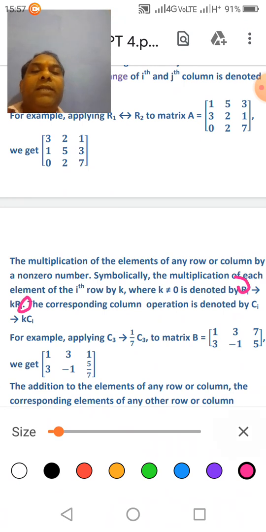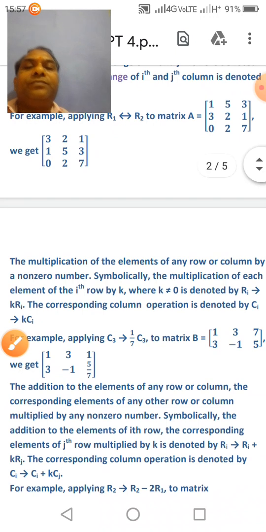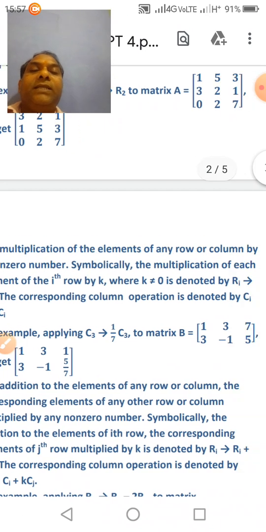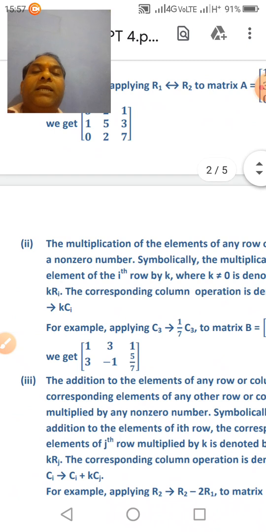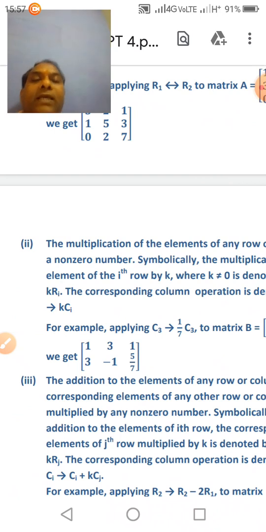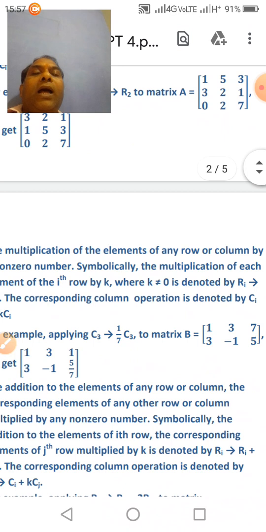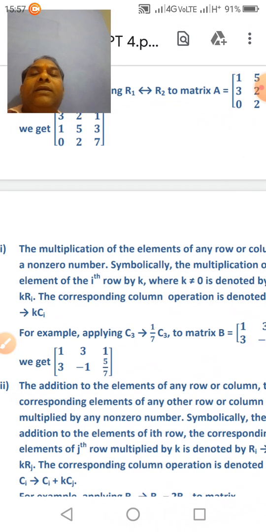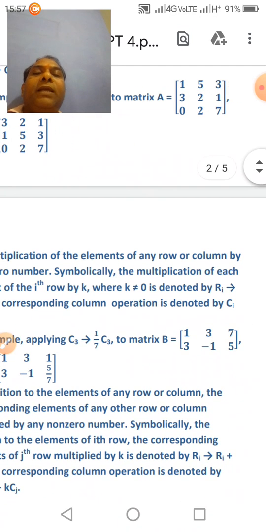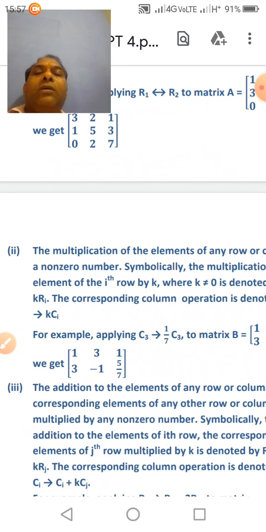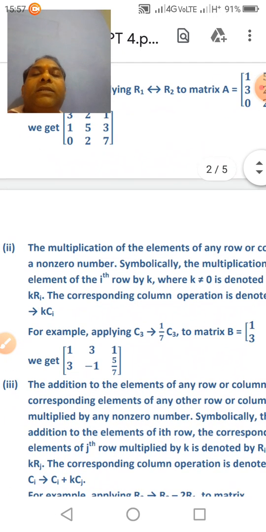And similarly, in case of column, you can write Ci is changed by k into Ci. So Ri is changed by k Ri means you have to multiply the elements of the ith row by k. Similarly in case of columns.